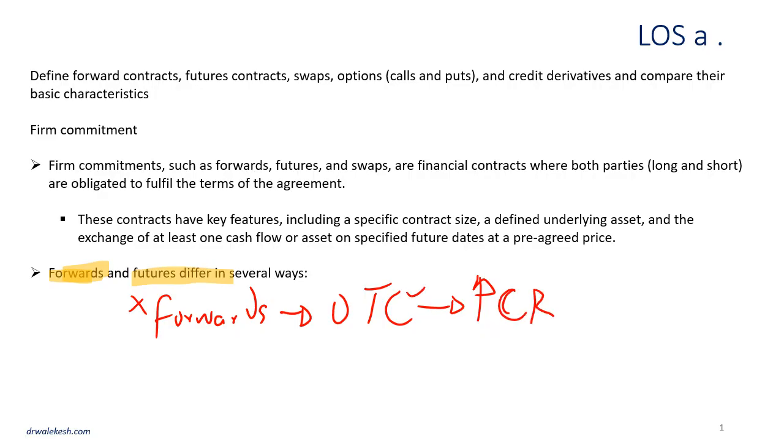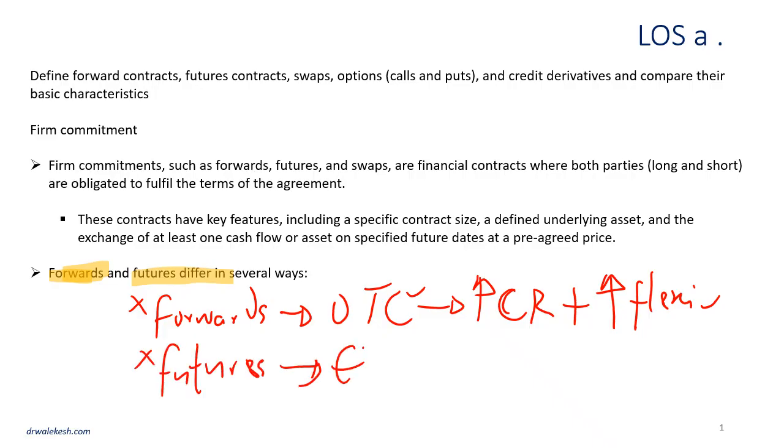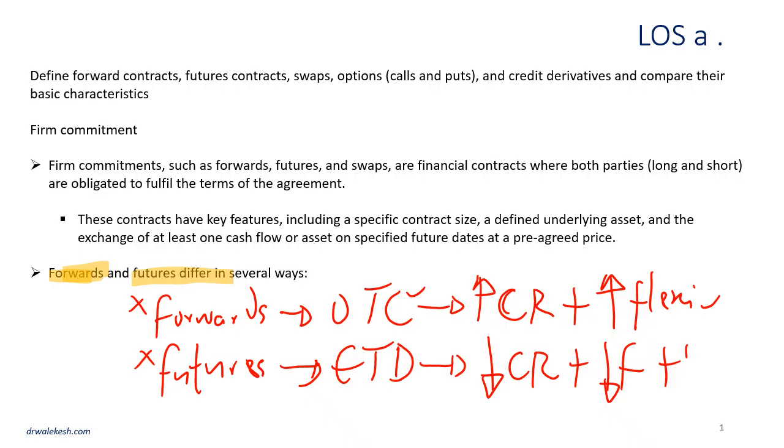If we are dealing with over-the-counter contracts, that means there is high flexibility. However, when it comes to futures contracts, it is an exchange traded derivative, and here there is reduced counterparty risk. There is also reduced flexibility, but obviously there is increased transparency.